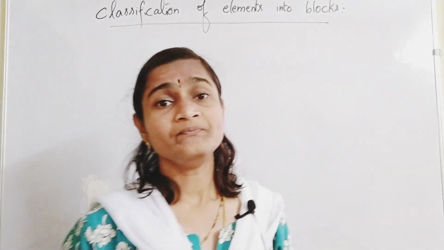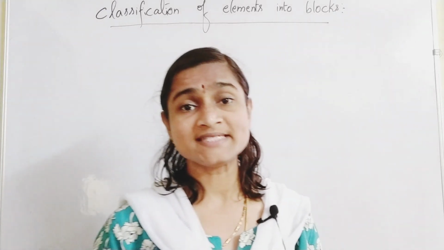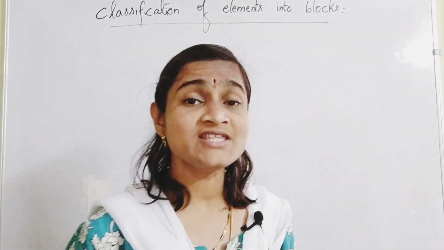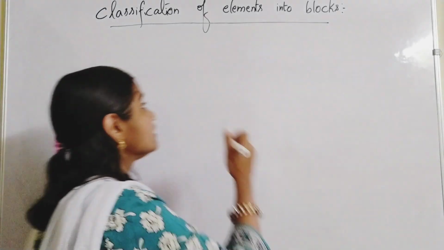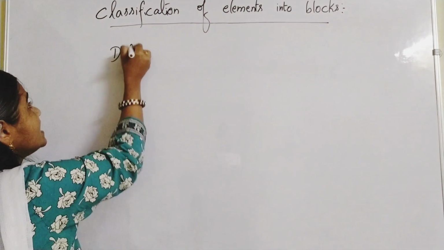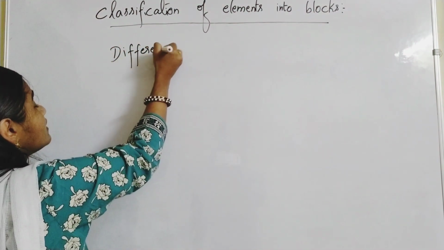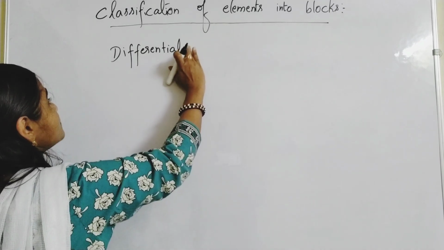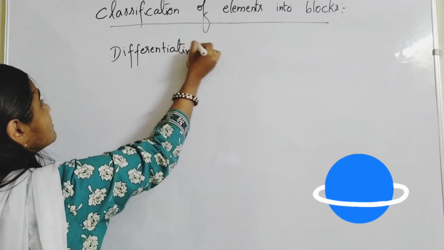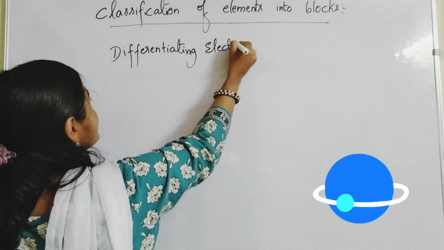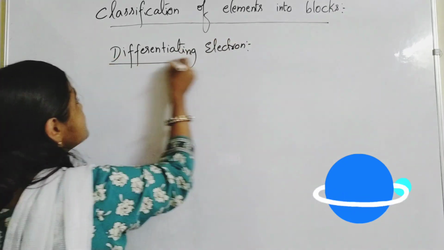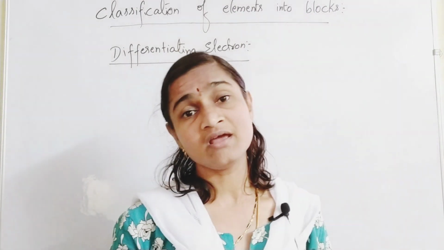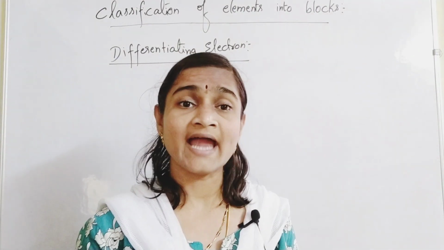Before we learn how the elements have been classified, first we have to learn what is differentiating electron. Differentiating electron means the last electron which is present in any atom.